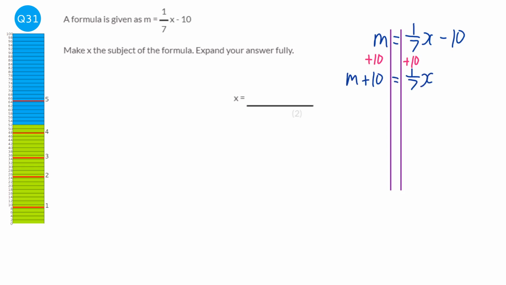Now to get rid of the 1/7, what I can do is just times both sides by 7. So 7 brackets m plus 10 equals x. So x therefore would equal 7 brackets m plus 10, but it says expand your answer fully. So we're just going to expand the brackets, 7m plus 70.